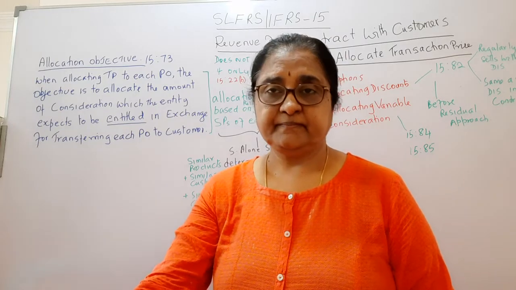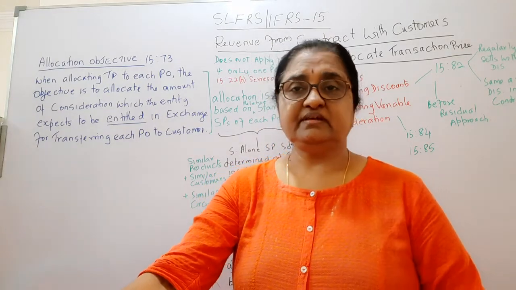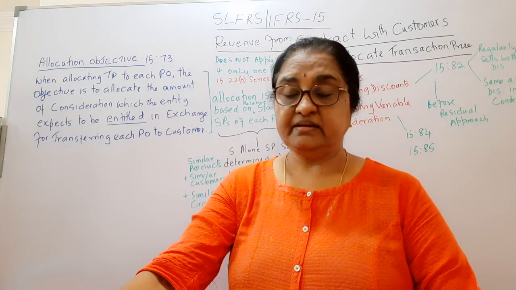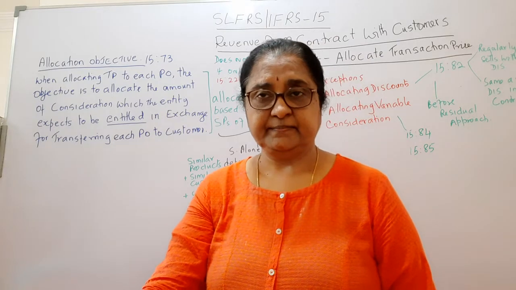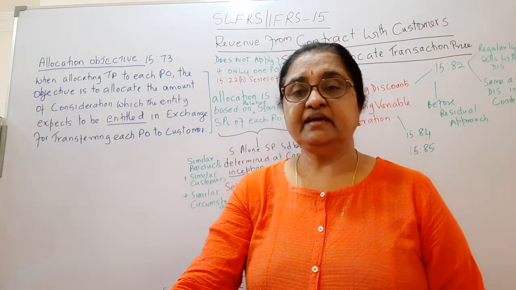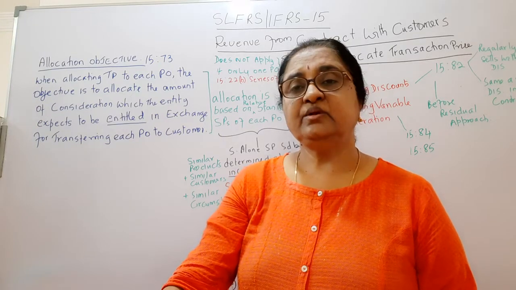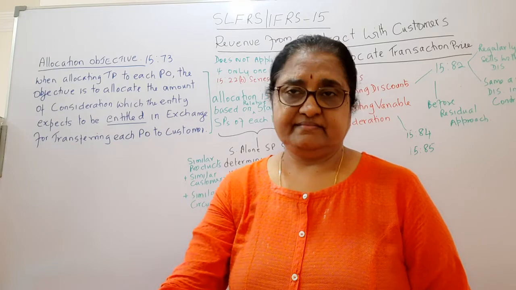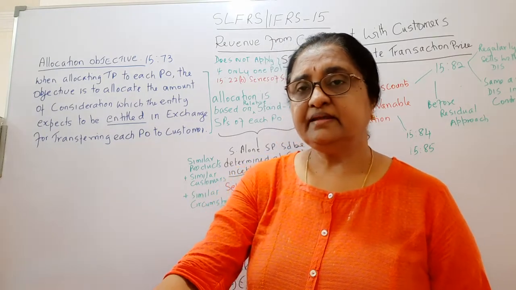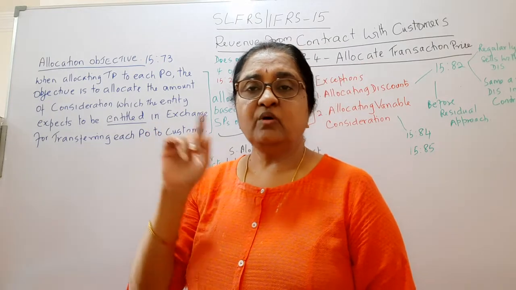Though it is considered as one performance obligation, it happens at different points in time. At that time, if there is anything variable, then you have to allocate it to that particular transaction.